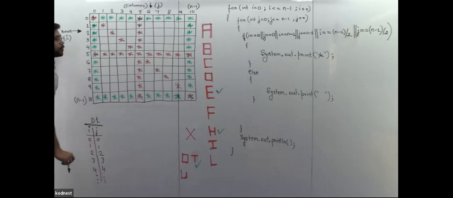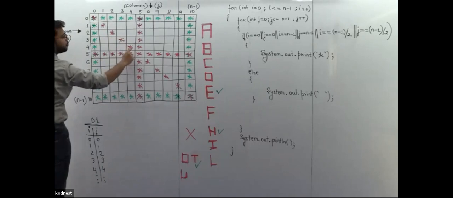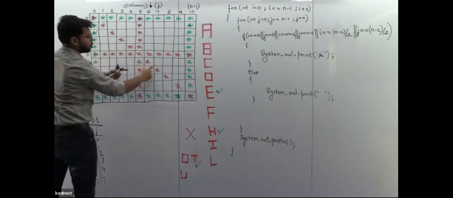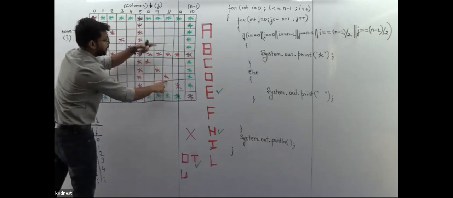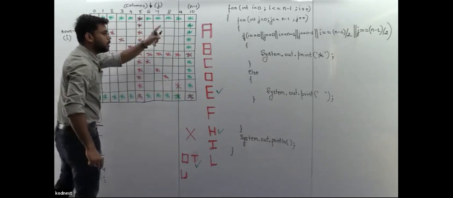It will keep going on like this only. This is your 0, 0, 1, 1, 2, 2, 3, 3, 4, 4, fifth row fifth column, sixth row sixth column, seventh row seventh column, eighth row eighth column, ninth row ninth column, 10th row 10th column.